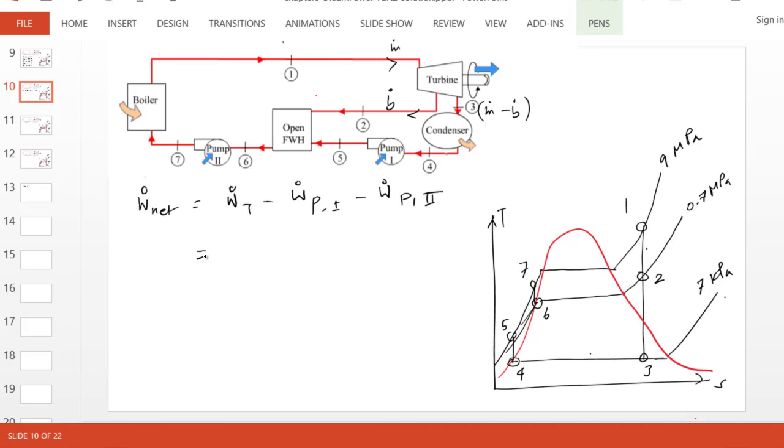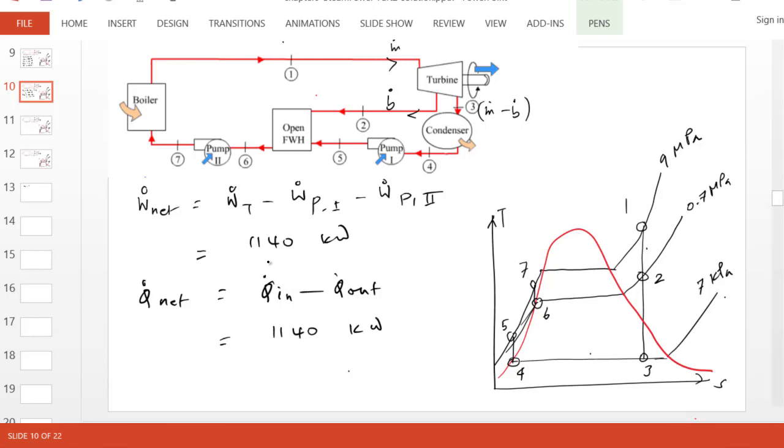And you can show that to be 1140 kilowatt. If you try to find Q dot net, that will be Q dot in minus Q dot out, which we know must be equal to 1140, and we can calculate and show that it'll be 1140.